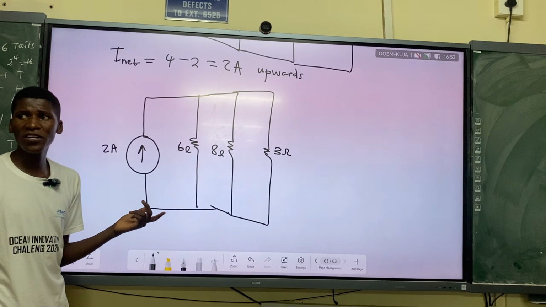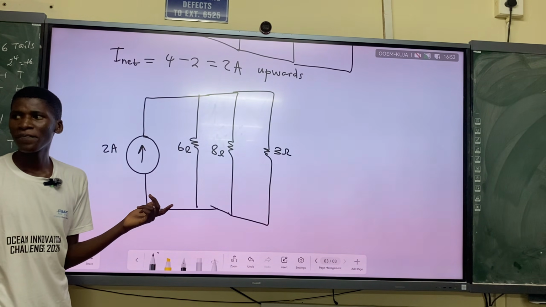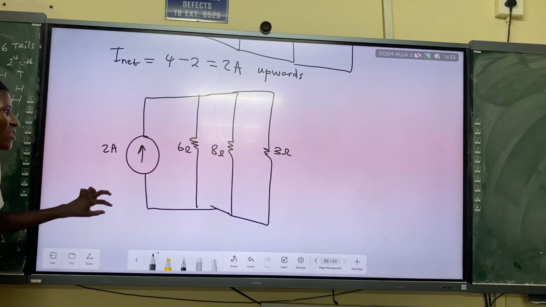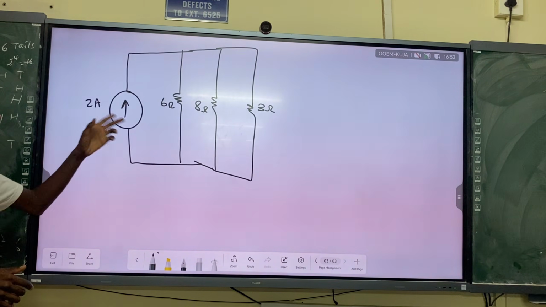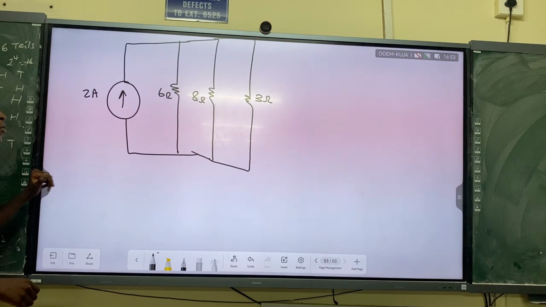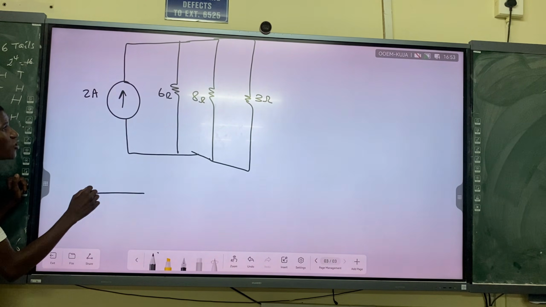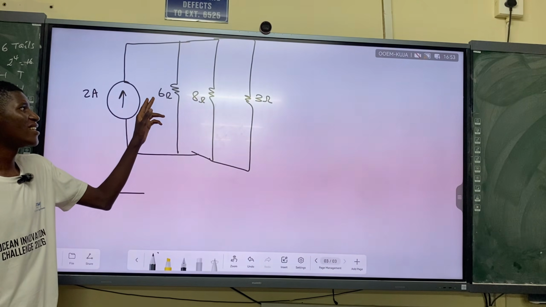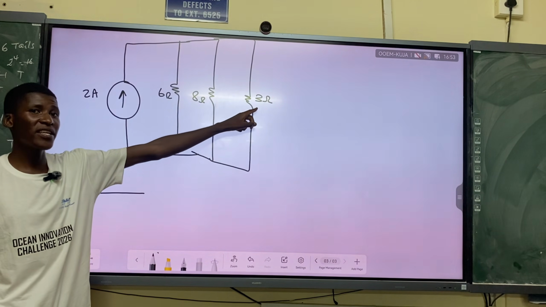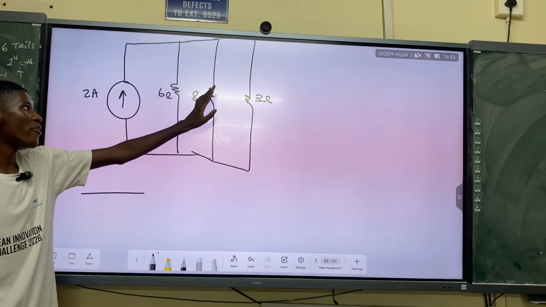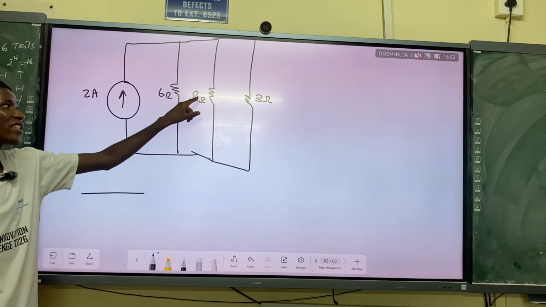No, we cannot divide it, because these are in a parallel combination. To find the current in the 8 ohms resistor, which one will get the largest current, the 6, the 8 or the 3? The 3. The next one is the 6. So the smallest one is the 8.